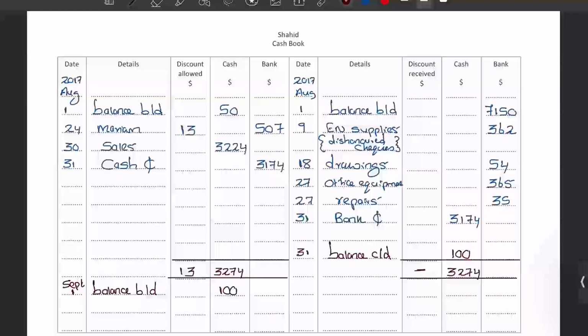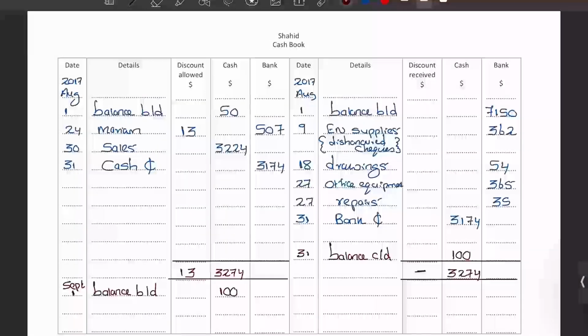Okay. Can you balance the bank account now? Find out which side is higher. Looks like the credit is higher. Add all the figures on the credit side. 7966. See if you are getting 7966 when you add all the figures on the credit side of the bank account. 7966 minus 3174 and minus 507 is 4285.